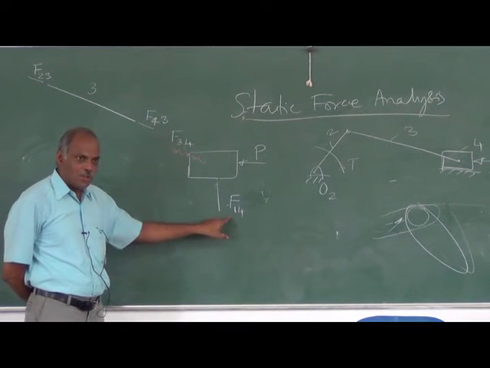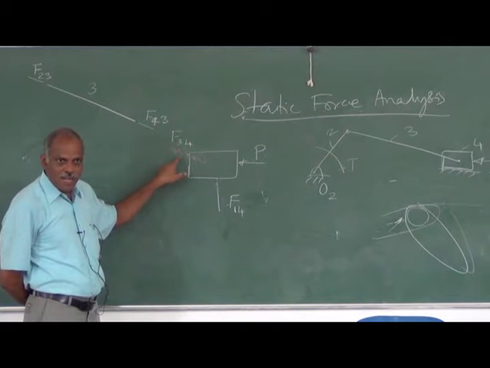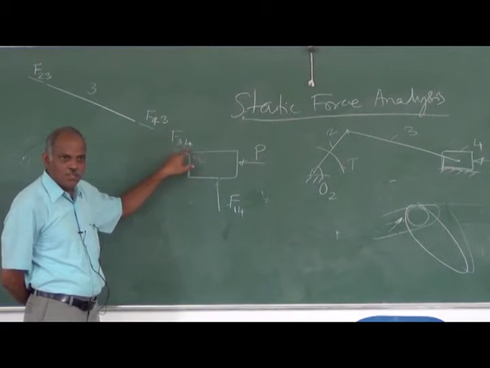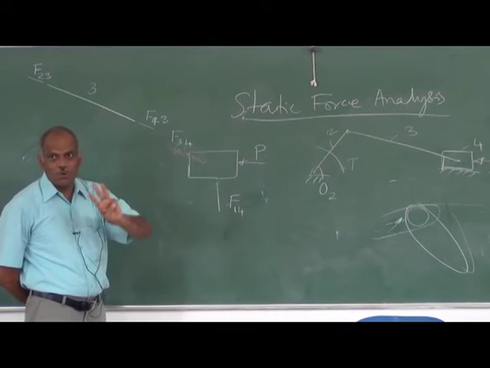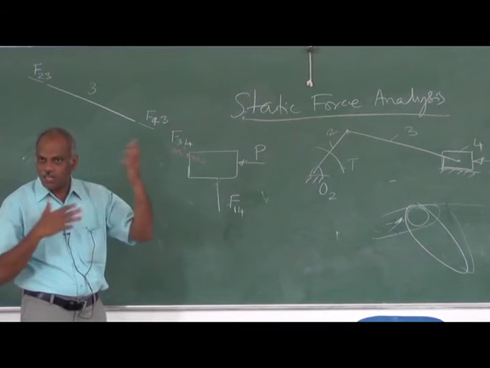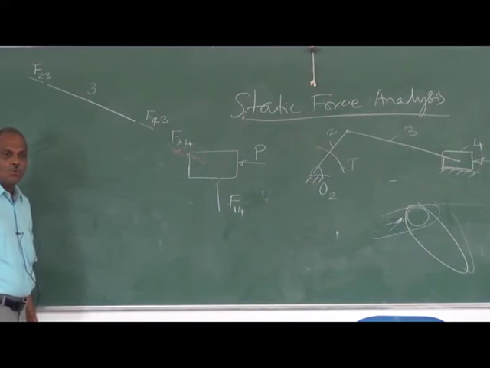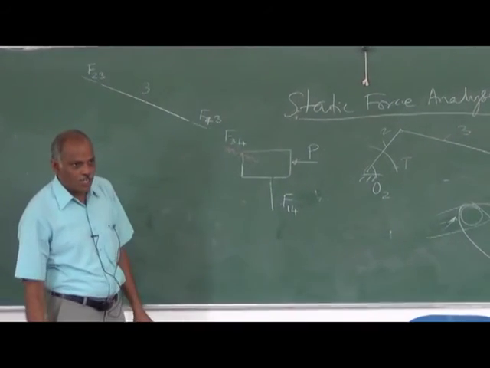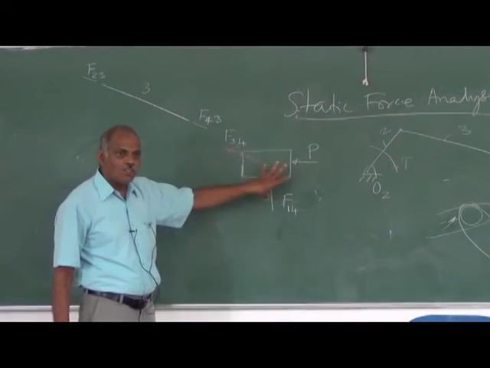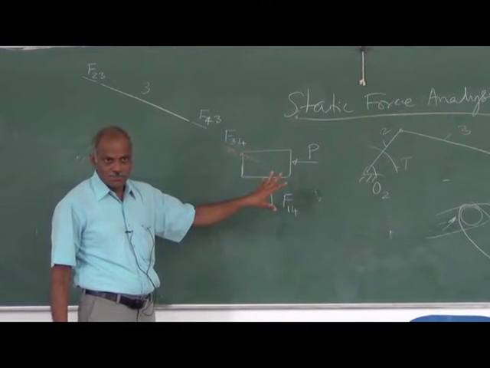One unknown is the magnitude of F14. You have the magnitude and direction of F34 not known. So we have three unknowns. For a planar problem or system of forces in a plane, we have three equations: two force equations and one moment equation. So you will have three equations, three unknowns. This is solvable. Okay?